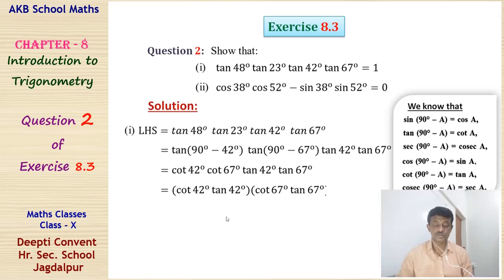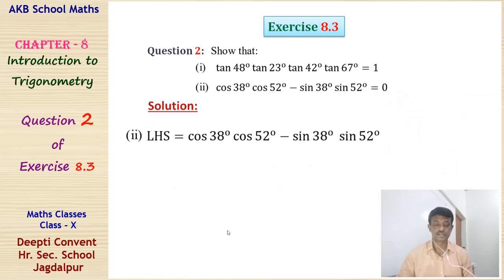Now this is 1, this is 1. So 1 into 1 equals 1. That is the right hand side. So this is the proof. Here cot into tan equals 1 for the same angle.